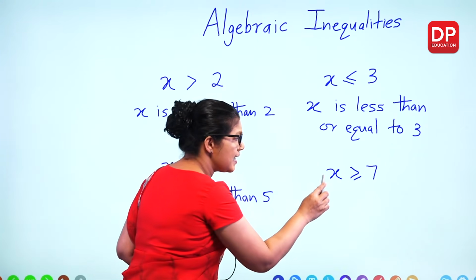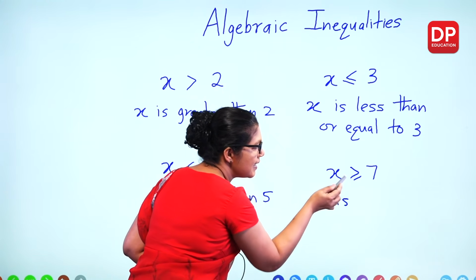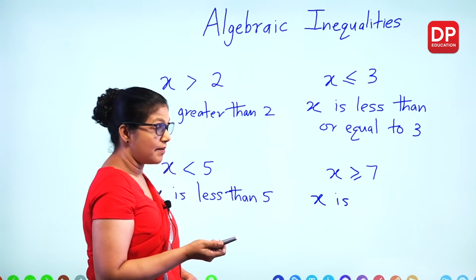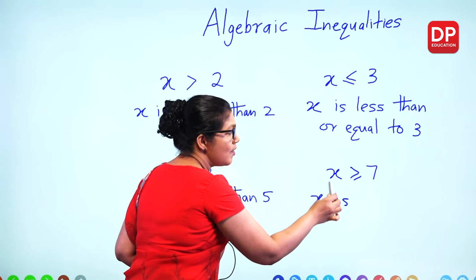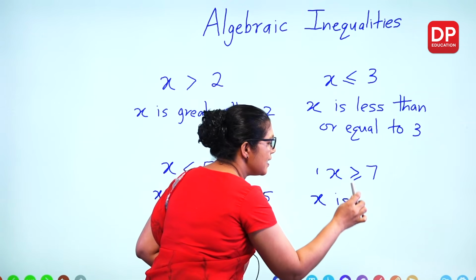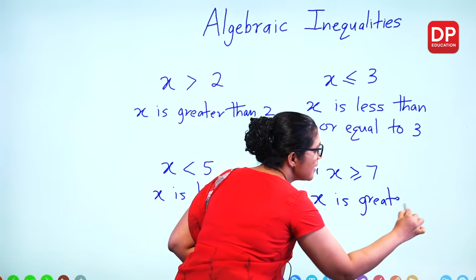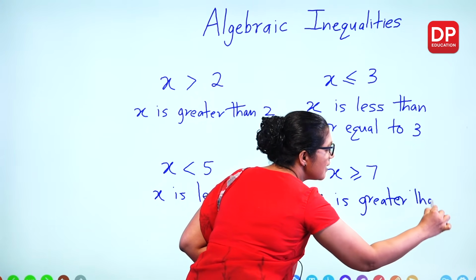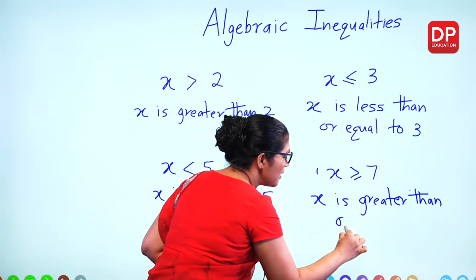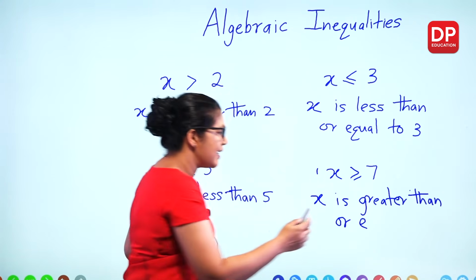Starting with the letter, x is, this side is the open side of the mouth. That means this is bigger. X is greater than or equal. Why or equal here? Because there's an extra line.